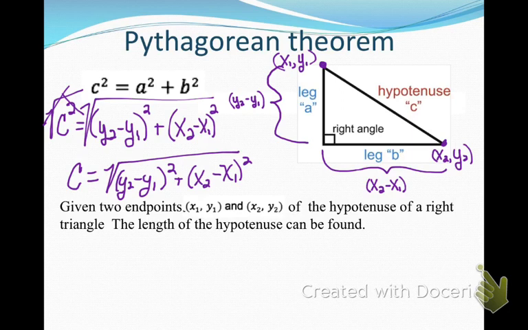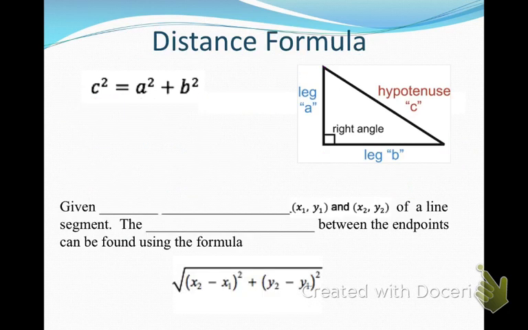Well, between any 2 points, you can always draw a right triangle. And this is where we get our distance formula from. So, given 2 endpoints, I do want you to write this down.